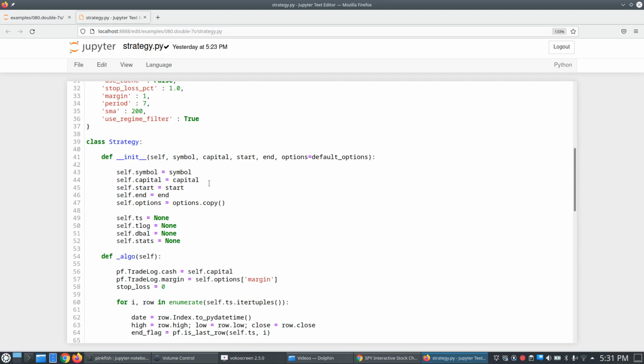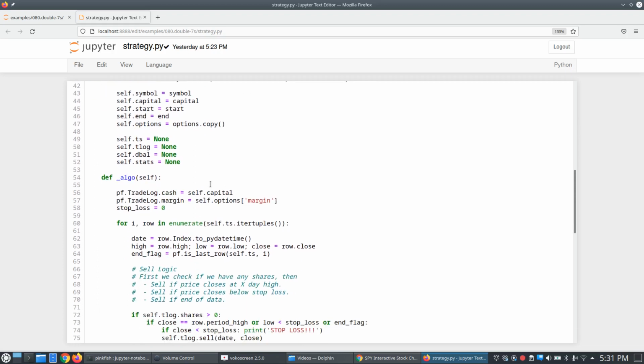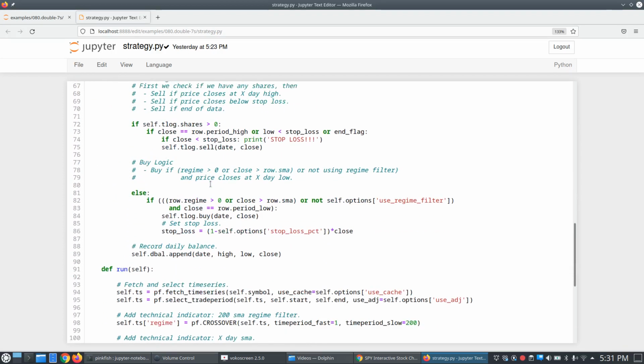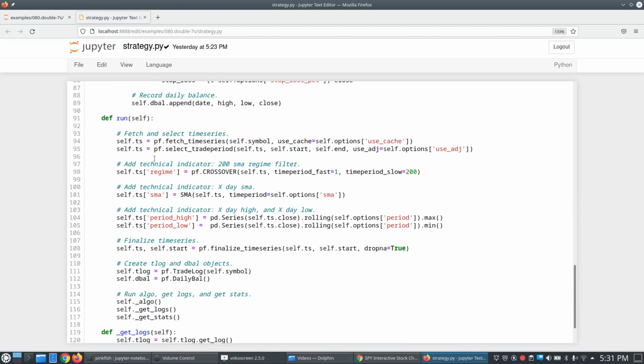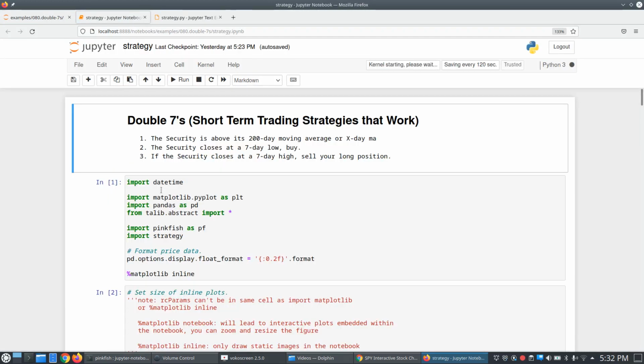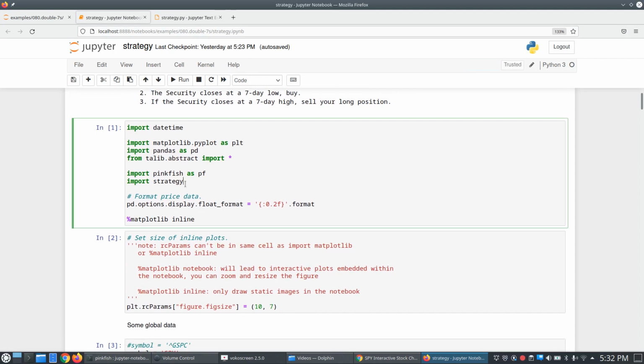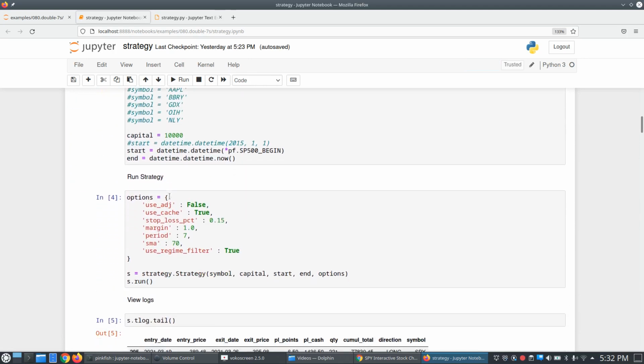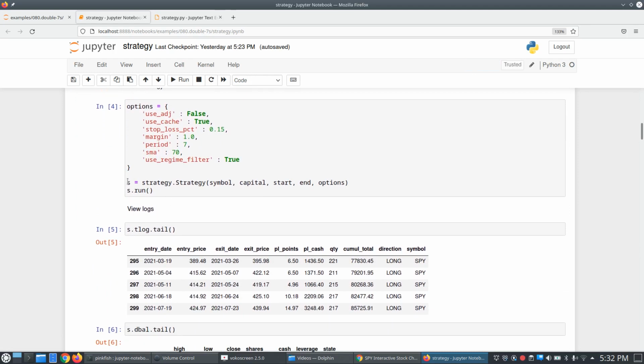All right, so the class itself only has one callable function, and that is run. So briefly, a little sneak preview here of the driver file. You can see it imports that strategy, and then it instantiates the strategy, right?